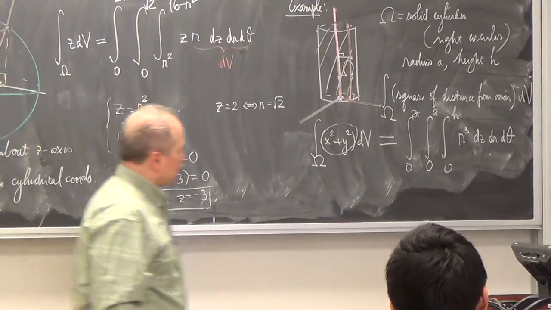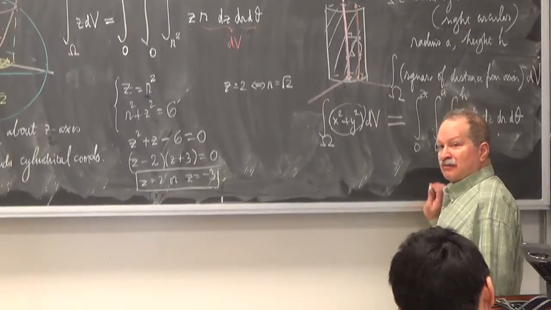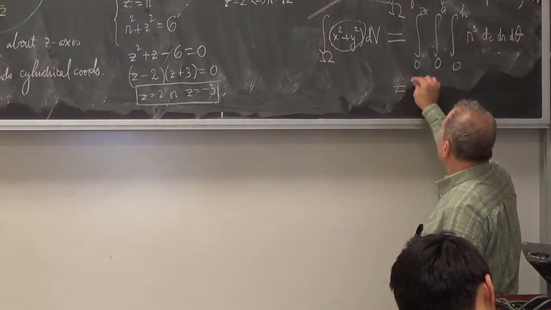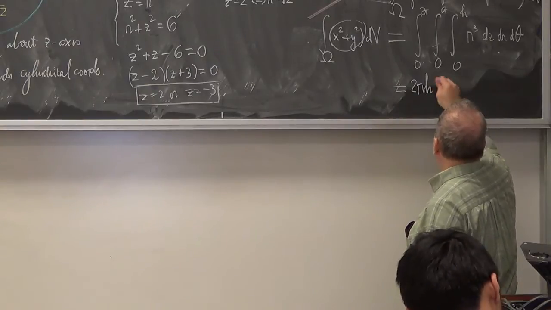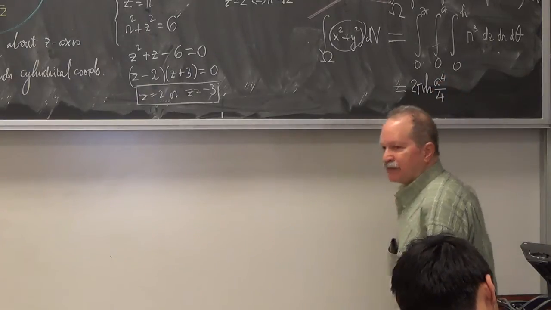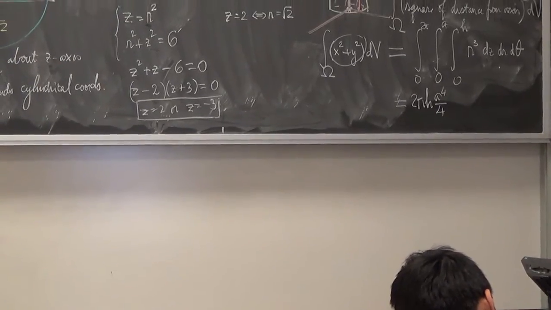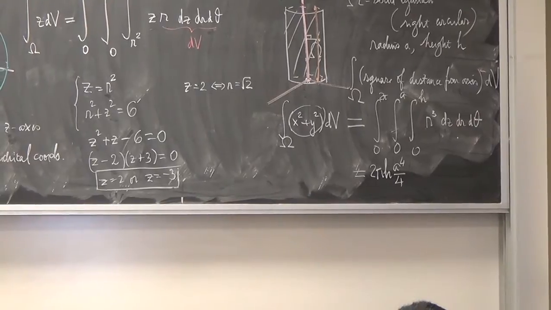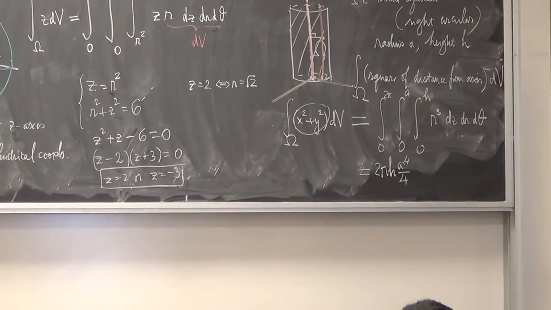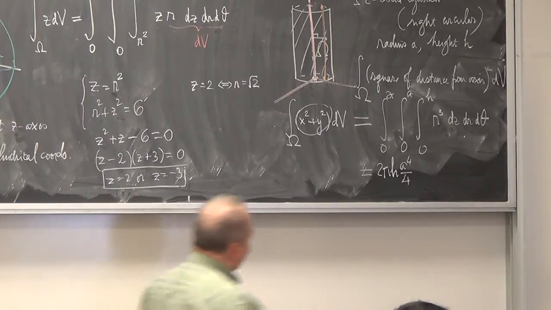And pretty much you can do this problem in your head. 2 pi, h, a to the 4th over 4. Agreed? Then dz gives h, then I integrate r cubed from 0 to a, I get a to the 4th over 4.